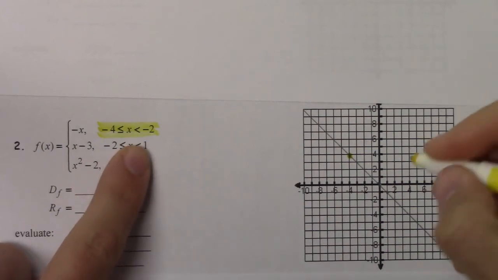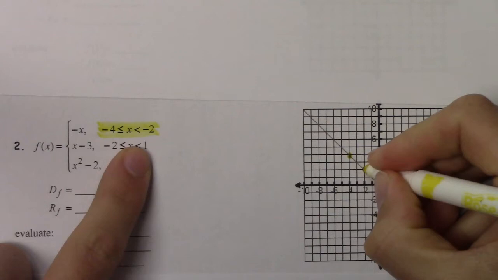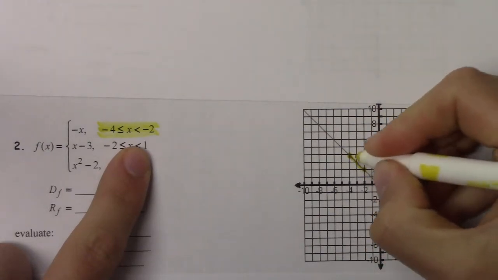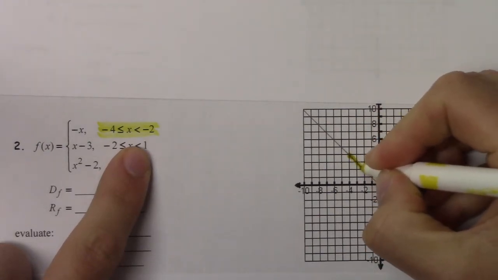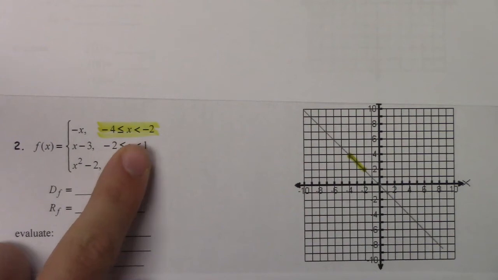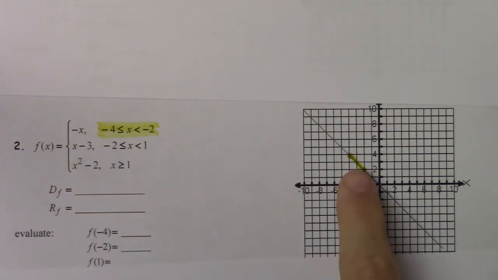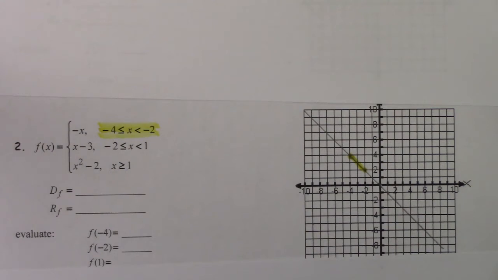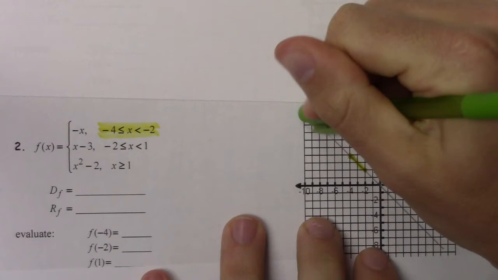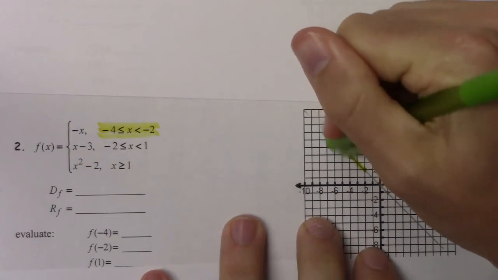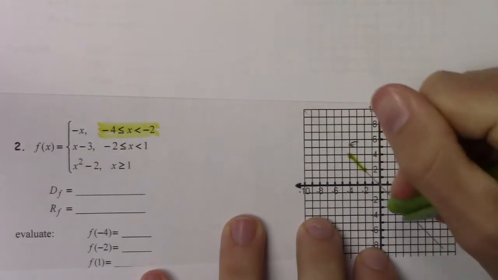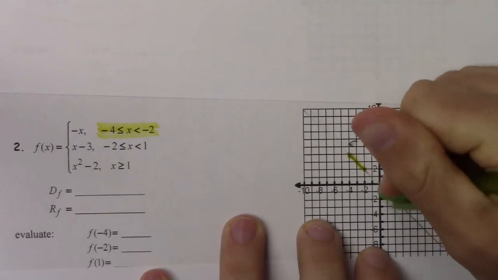And if I go until negative 2, that's where my graph ends. So in reality, my graph for that y equals negative x portion is only this little piece in yellow. It's not the rest of that line. The rest of that line is not parts of the function that I want. I only want the part in yellow.